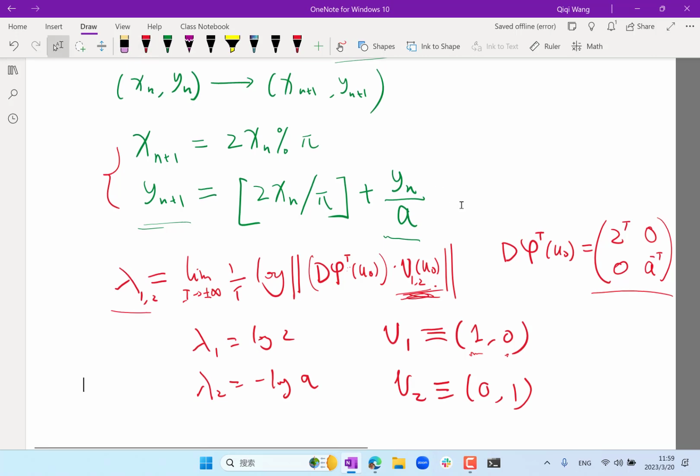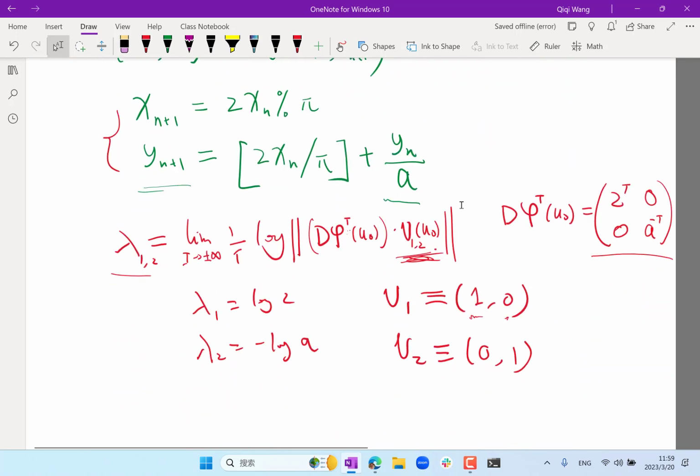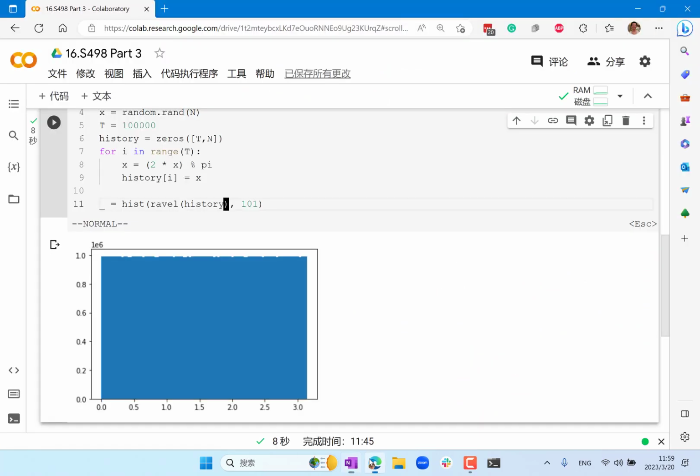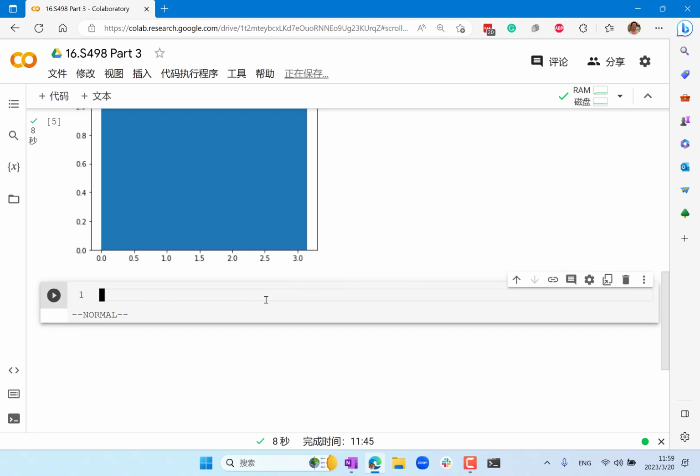So this is how the Baker's map is going to help understand chaos, and let's code it up and see what the Baker's map is doing.